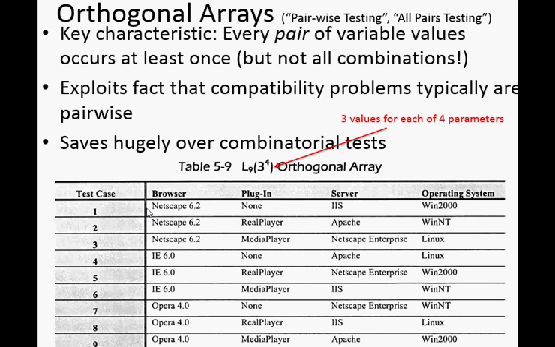But with an orthogonal array, what we're guaranteeing is that each combination occurs at least once, each pair of possible values. So not that we have all possible pairs if we have field A, field B, field C, field D, but at least any pair of any 2 columns will occur at least once.